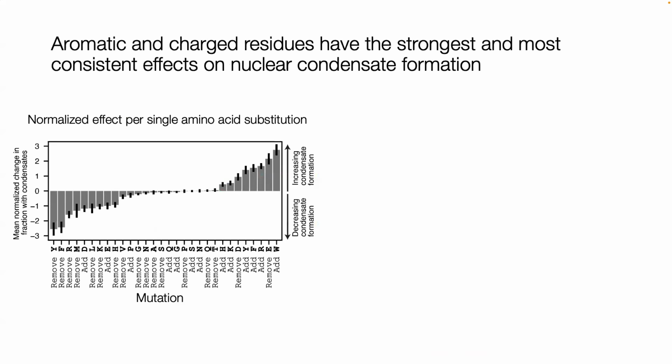But to give a sense of what are the strongest and most consistent effects on nuclear condensate formation, we look here at the normalized effect per single amino acid substitution. So I have the type of mutation on the x-axis, and then the normalized effect on condensate formation on the y-axis, where a positive effect increases condensate formation and a negative effect decreases condensate formation.